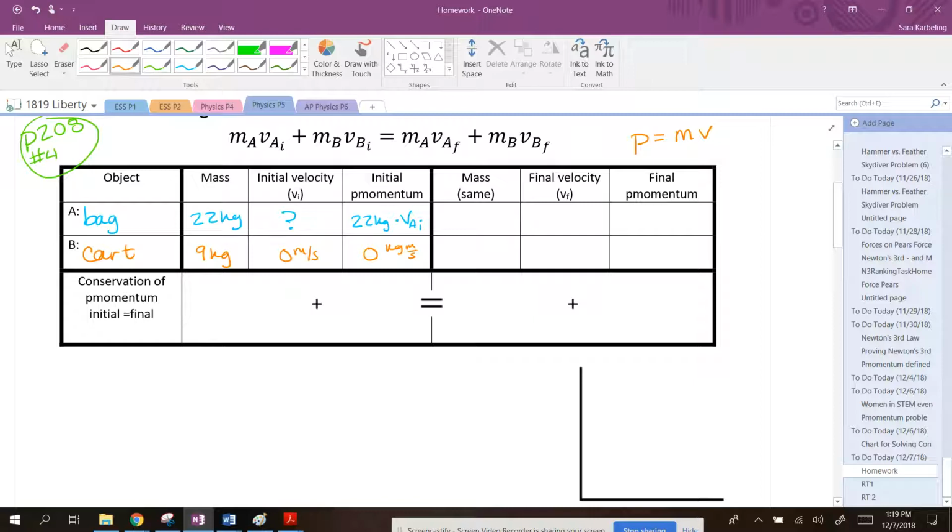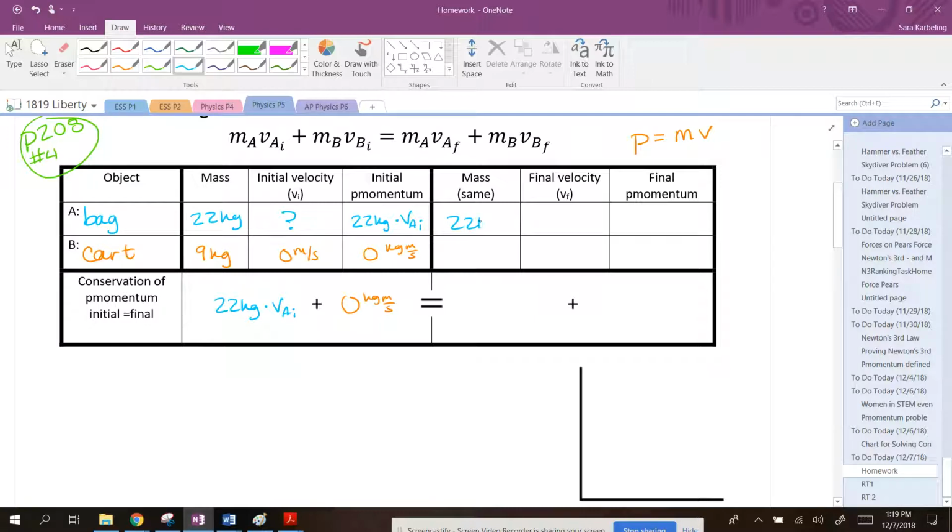All right. So before we move on to the after part, let's go ahead and write down our initial piece. So initially, the momentum is 22 kilograms times VA sub I plus 0. All right, let's do the after. So the masses don't change.